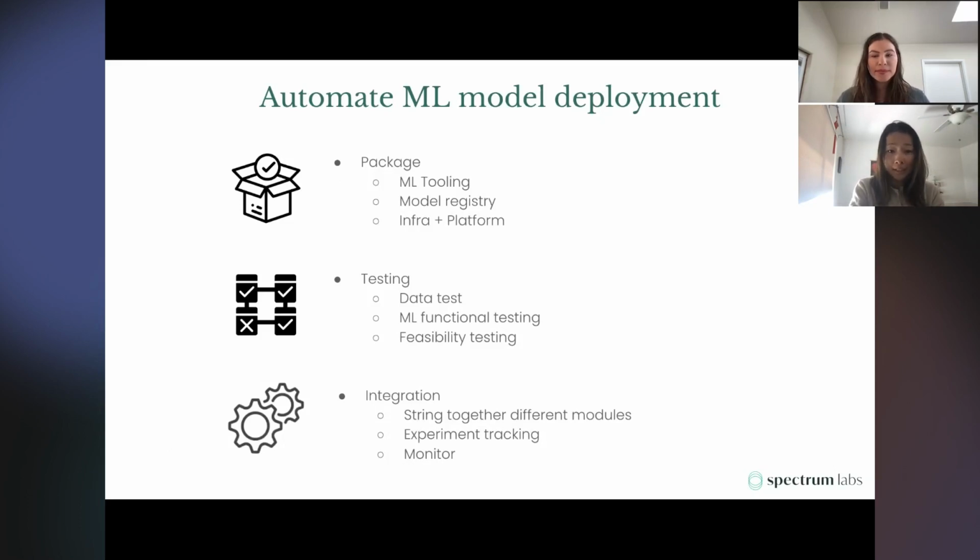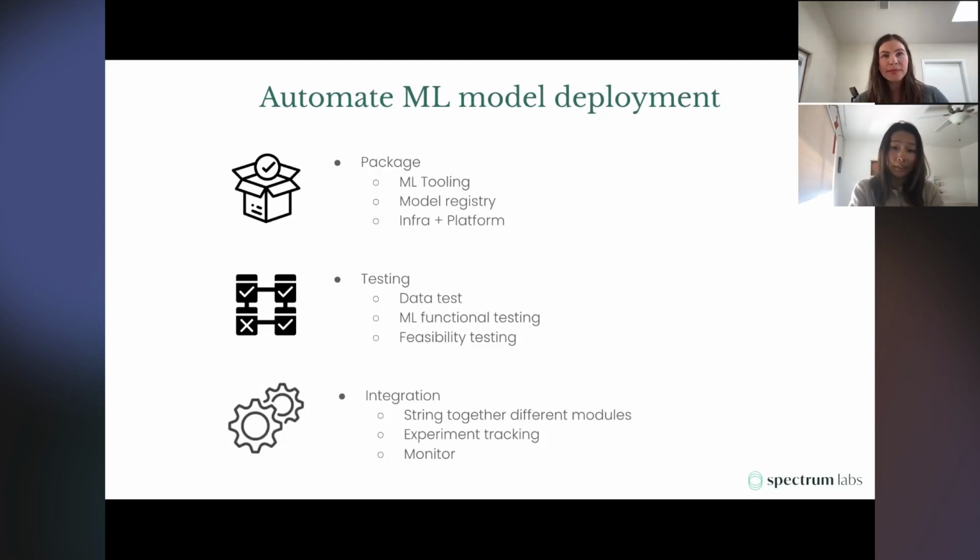And then for the testing part, we want to make sure that we're monitoring if there's any distribution shift in our training data, and the feature fill rate, are there a lot of empty values, etc. And if we're using a new model architecture, are we using the right loss function? Are we getting the right expected dimension at different stages? So that comes to the ML functional testing.